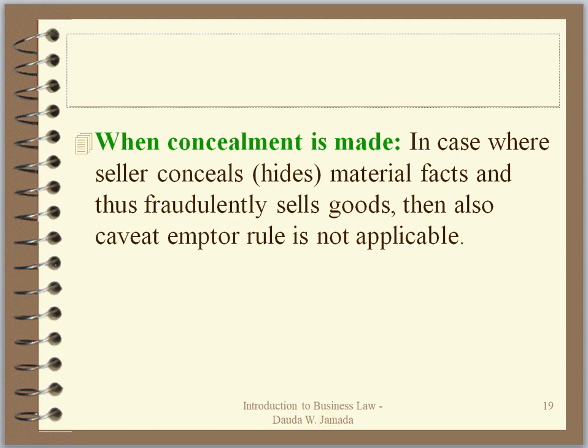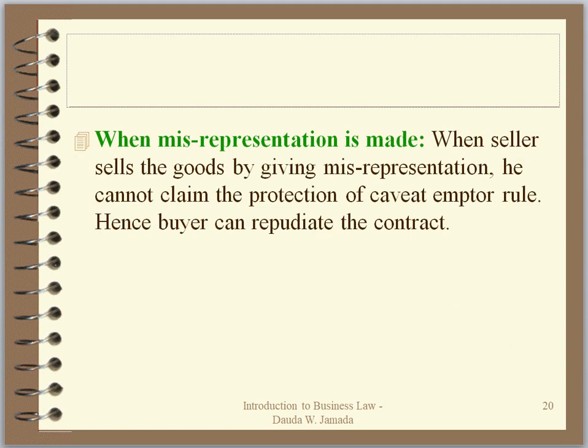Another situation is when misrepresentation is made. When a seller sells the goods by giving misrepresentation, he cannot claim the protection of the caveat emptor rule. Hence, the buyer can repudiate or refuse the contract. So you as a seller, when you misrepresent a good, then you cannot be protected.